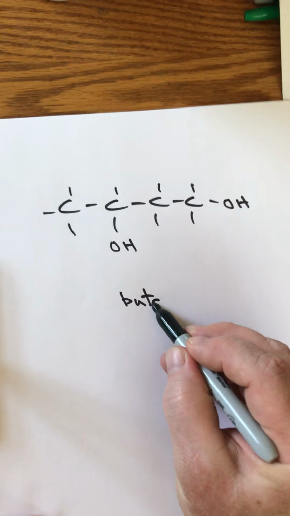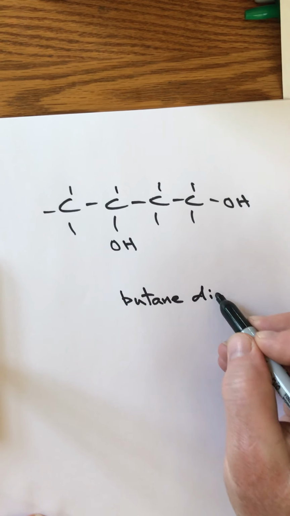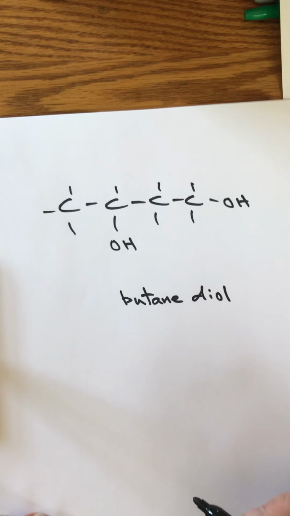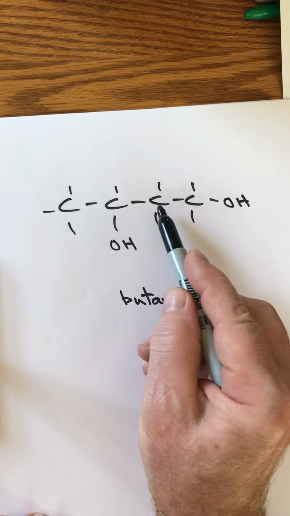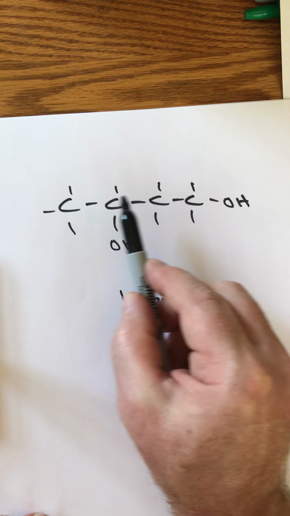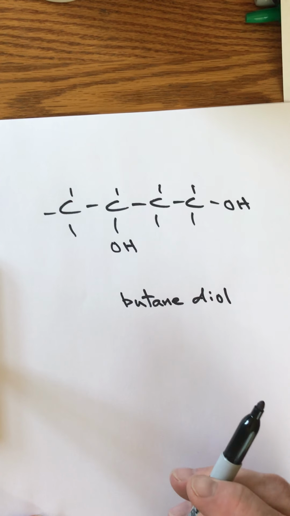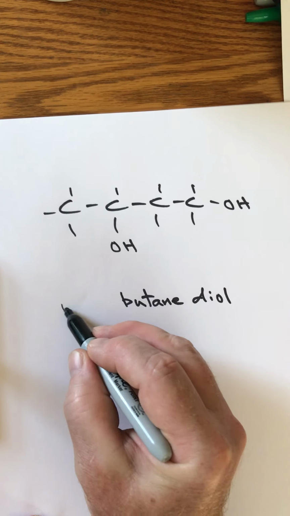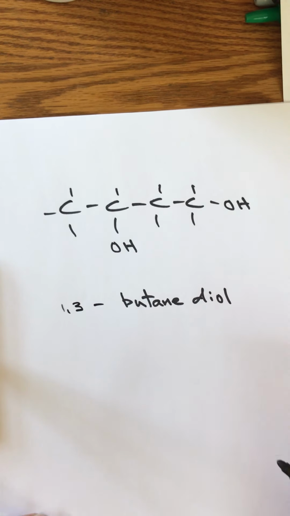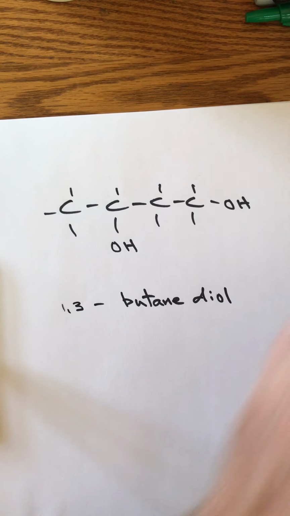Single bonds, ane. 2 OH groups, diol. Are the OH on the 2 and the 4, or is it 1, 2, 3, 4, 1 and 3 or 2 and 4? 1 is lower than 2. Always pick the lowest possible numbers. So this is 1,3-butanediol. It's very consistent. IUPAC is a wonderful thing.